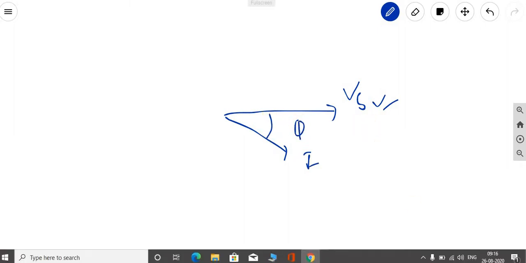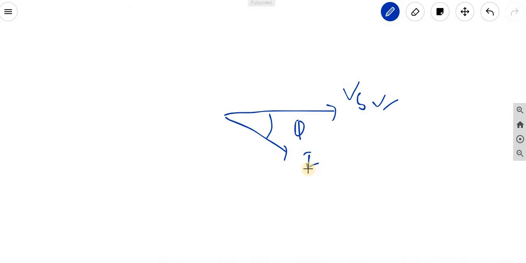Now this phi angle current, and we know these phasors are rotating in space. Any coplanar vector we can divide into two components, one horizontal component and one vertical.